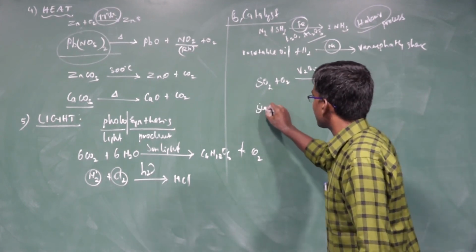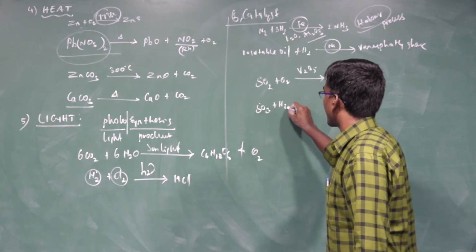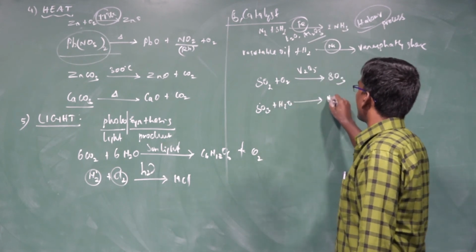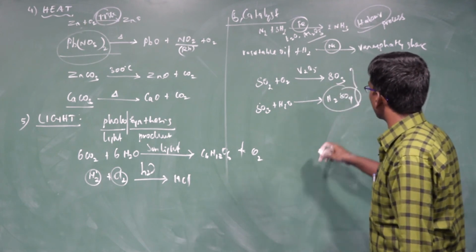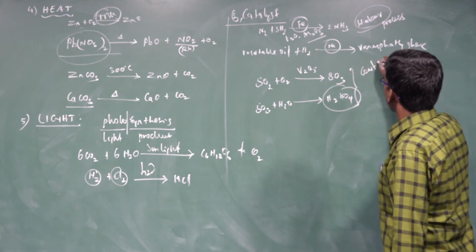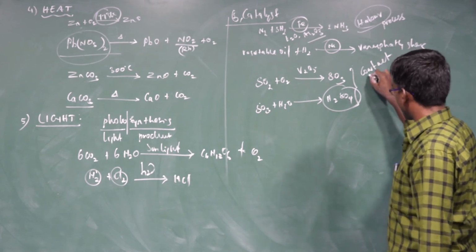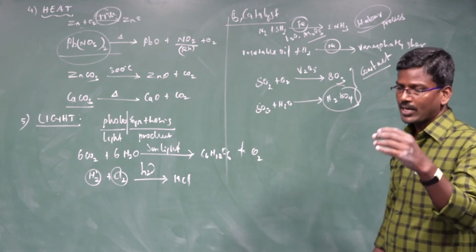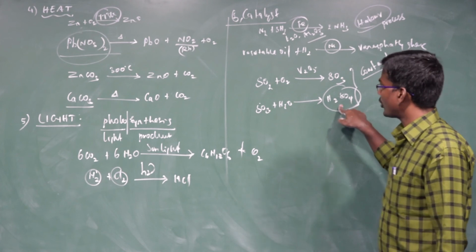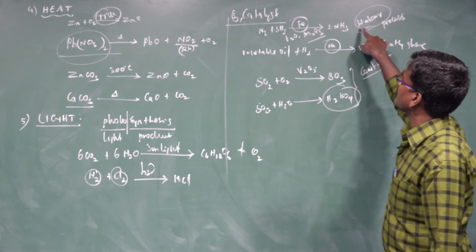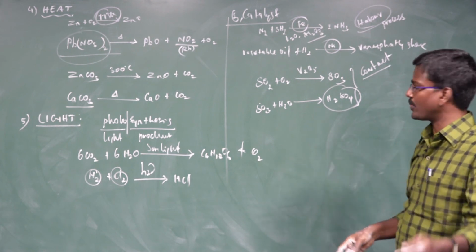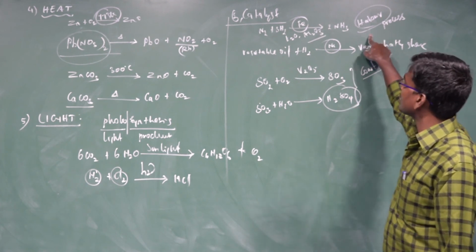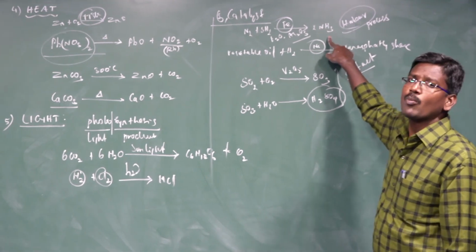The sulfur trioxide SO3 is dissolved in water H2O to form sulfuric acid H2SO4 in the process known as the contact process. In the contact process we prepare sulfuric acid. In the Haber process we prepare ammonia.